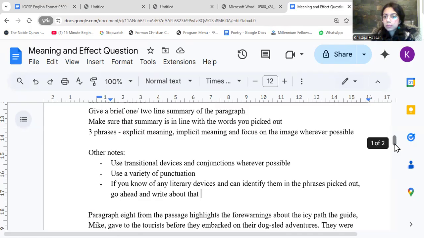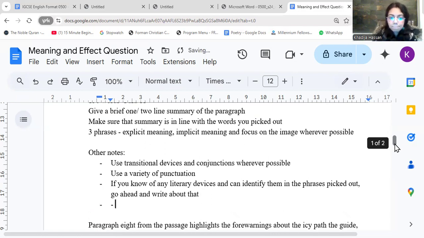And then again, if you see a simile or a metaphor being used in the phrase, you can mention that as well. Use a mix of short and long sentences.